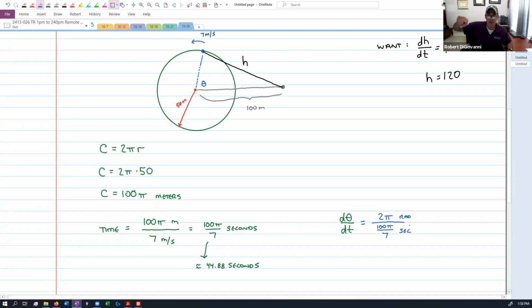One full rotation in 100 pi over 7 seconds is the same as 2 pi radians being covered in this many seconds. And some things are actually going to cancel out here. Do y'all see that? This is the same as 2 pi times 7 over 100 pi.